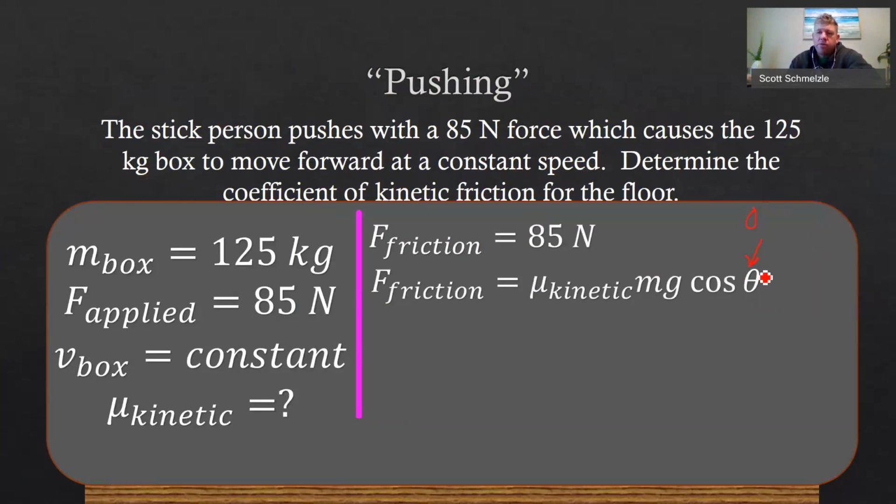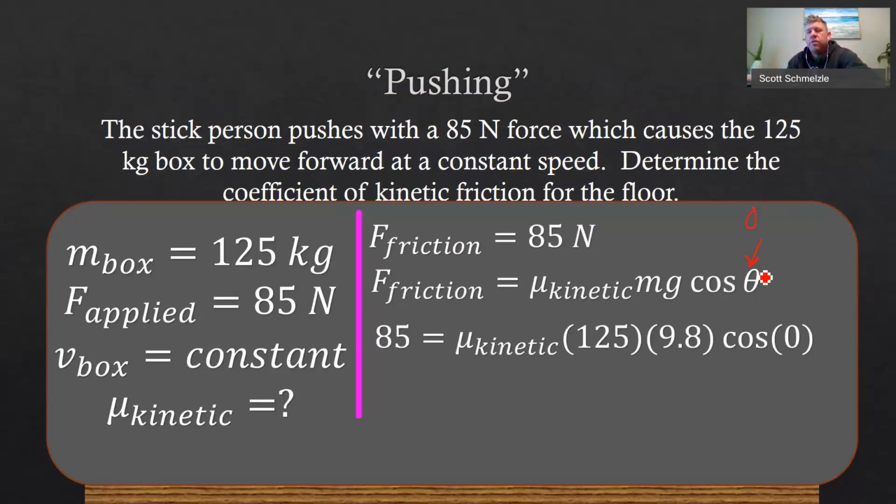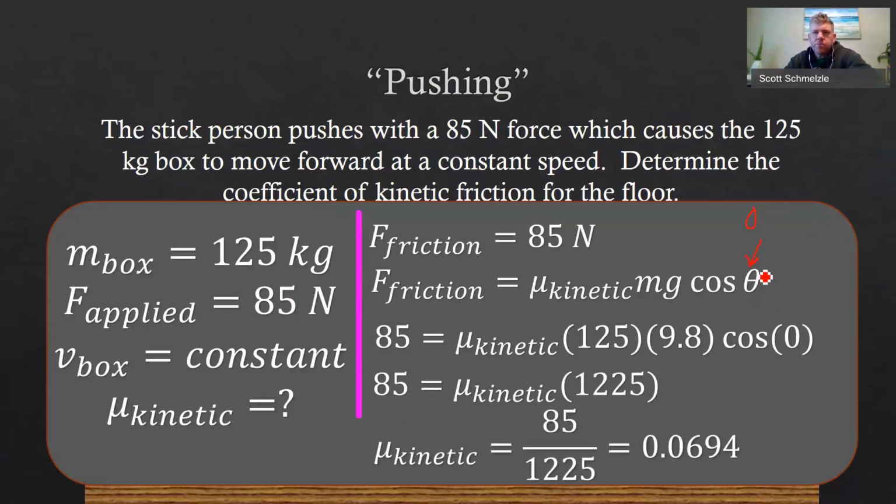When it's zero, the cosine is 1. So we have 125 times 9.8, and multiplying those together we get 1,225. To solve for the kinetic friction, we take 85 divided by 1,225, and we find that the floor has a coefficient of kinetic friction of 0.069.